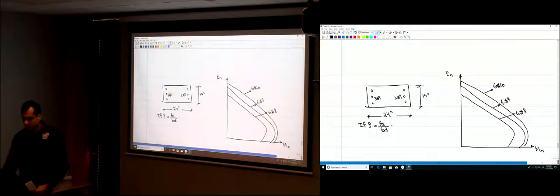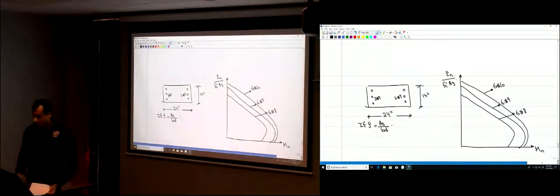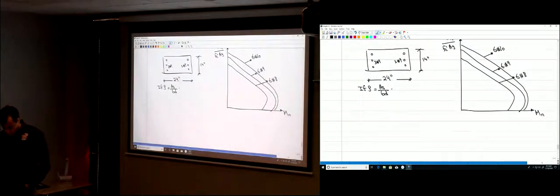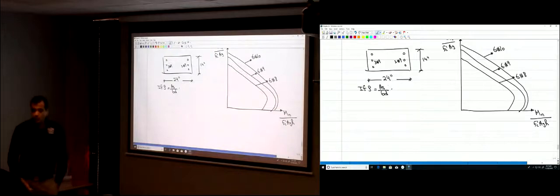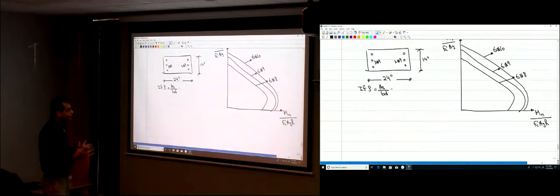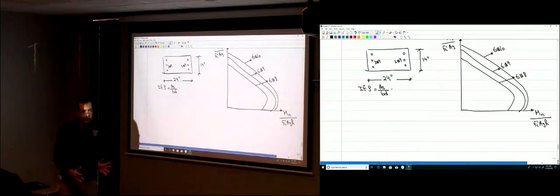So instead of plotting it for Pn, we're plotting it for Pn divided by Fc prime, area gross, which is bh. Instead of plotting Mn on the horizontal axis, we're plotting Mn divided by Fc prime, area gross, h. So even if you change the dimensions now, you can still use the same curve. But if you change the steel, no, there is a series of curves here.